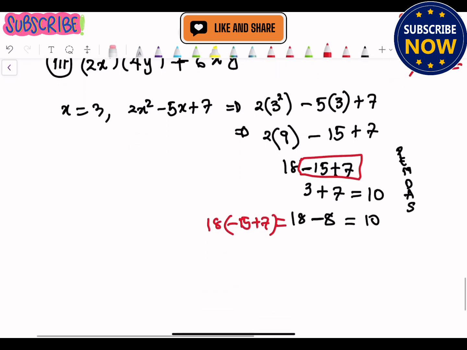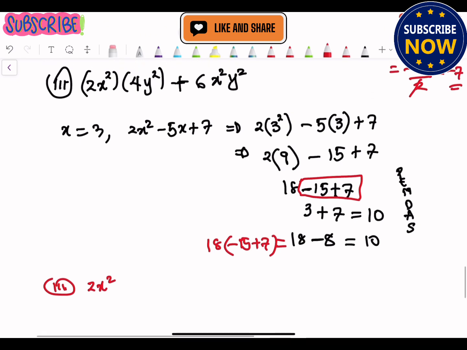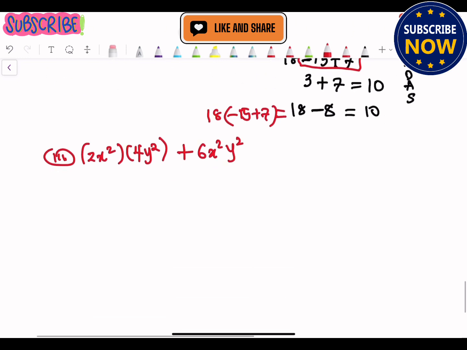While the last one, I have 2x squared multiplied by 4y squared plus 6x squared y squared. This is like the case of unlike terms. So we can multiply unlike terms together.